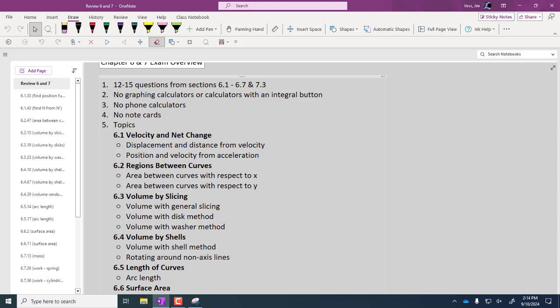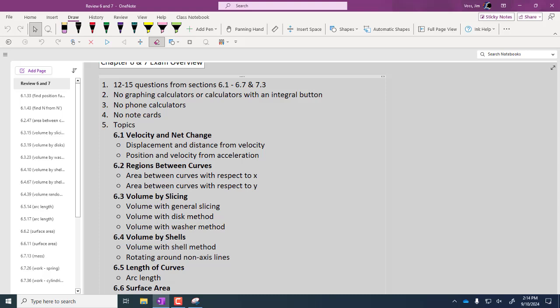Does this have an integral button? Any graphing calculator has an integral button. I don't see the integral without my glasses. This one does not have the integral button. That one's fine, but this one is not working properly.